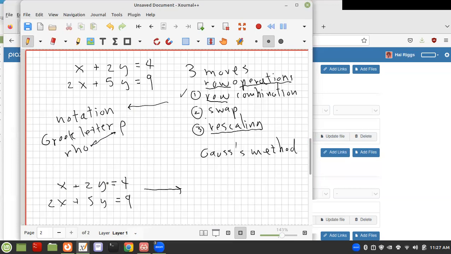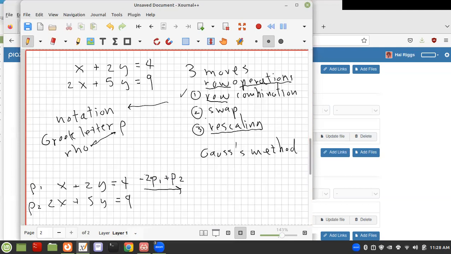I don't change the row I'm multiplying. So here, what I can do is multiply the first row. This is row 1. This is row 2. I'm using these indices to indicate which item is in the list. So I can multiply this first row by -2, row 1, and add it to the second row.